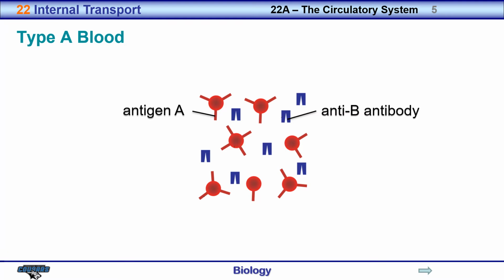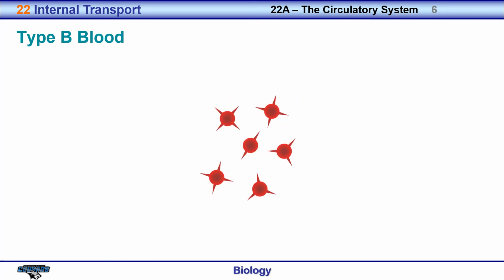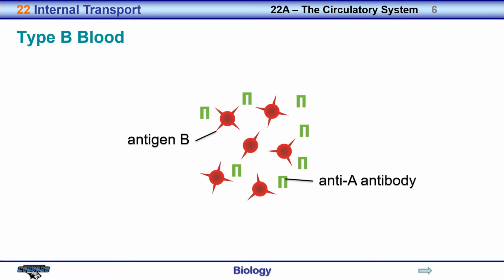You have A antigen and you produce B antibodies. If you have blood type B, you have the B antigen. And what's foreign to you is A, so you will produce anti-A antibodies.